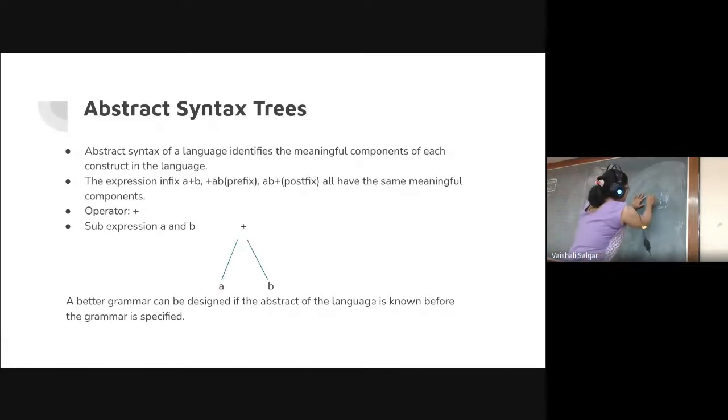I can say A, B are the operands which are expressed with any symbol. Like over here I'm saying A plus B, but someone is saying N1 plus N2. So over here, my syntax tree identifies the operator and the symbol.